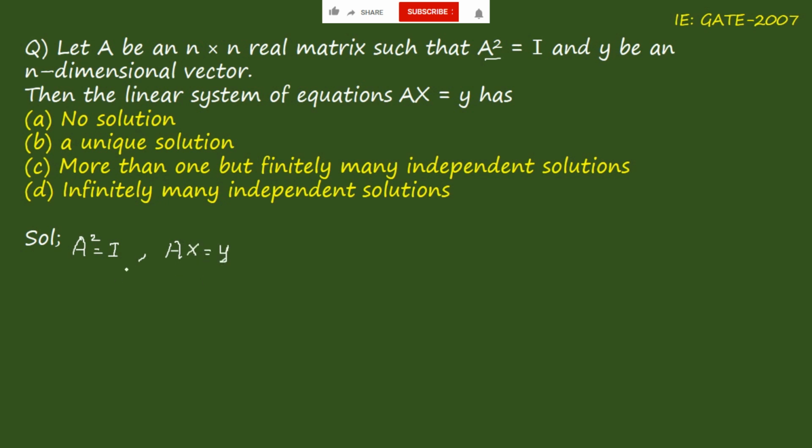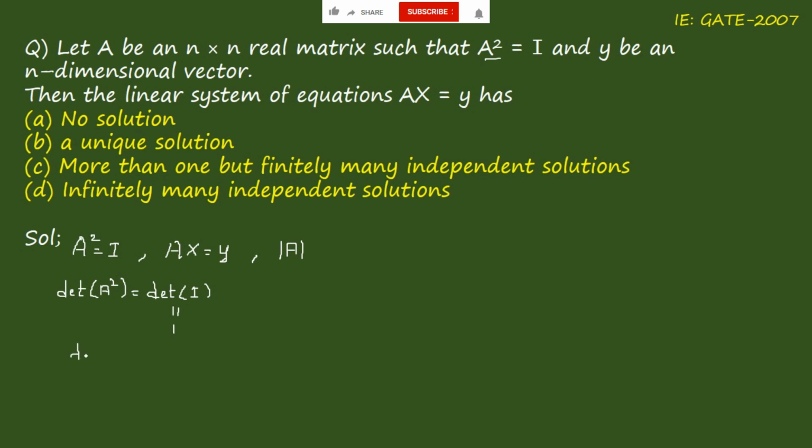In this particular case, how to find out whether there is no solution, a unique solution, or many solutions? It's nothing but simply finding the determinant of matrix A. The determinant of matrix A square is equal to the determinant of matrix I, right? We know that the determinant of matrix I is equal to 1.